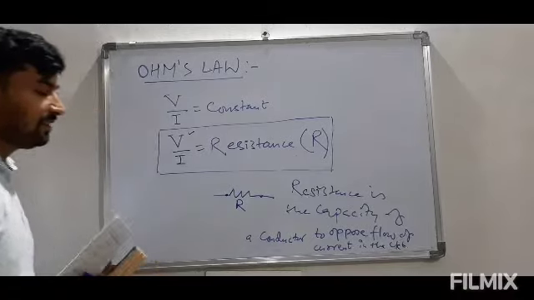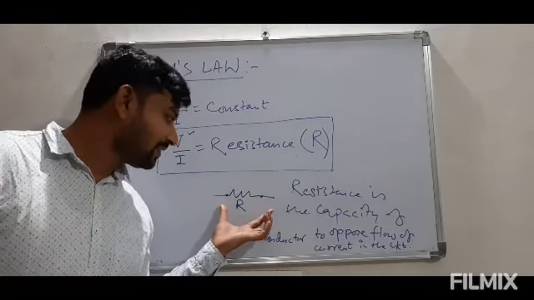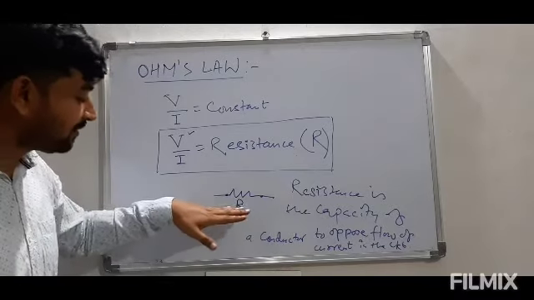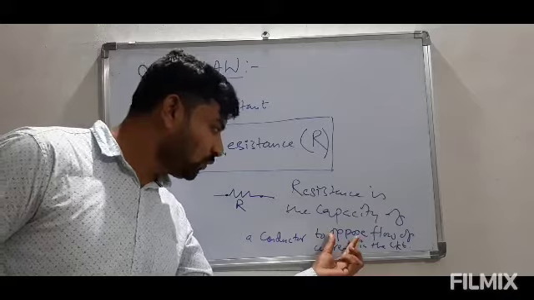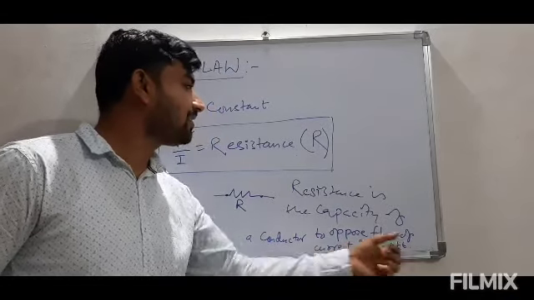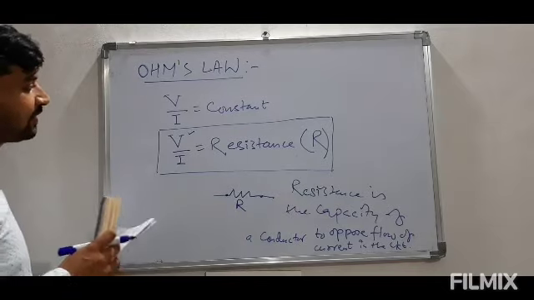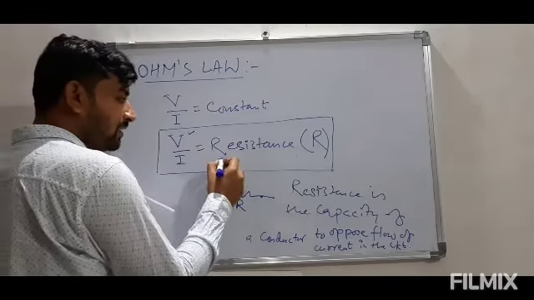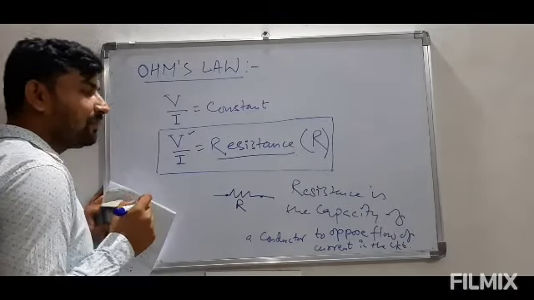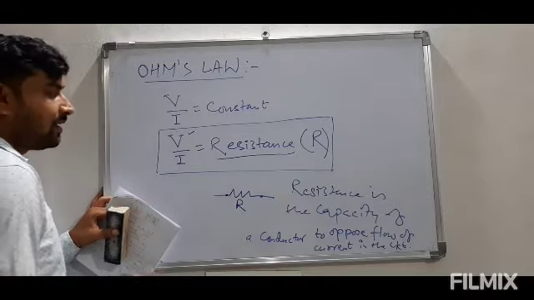What is resistance? Resistance is the capacity of a given conductor. Whatever conductor we take in a circuit, it is the capacity of that conductor to oppose the flow of current in that circuit. This is known as resistance of that particular conductor. And for a given material or conductor, the value of resistance is the same if the temperature is kept constant.